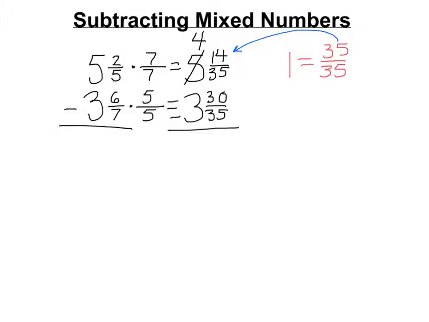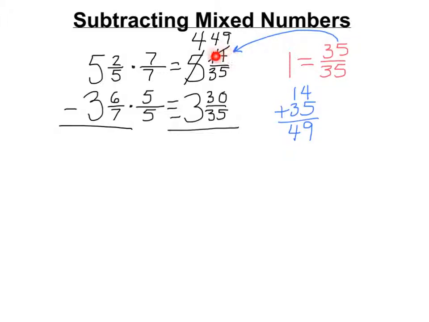So when I do that, I'm going to slash out the 14 there, and 14 plus this extra 35, well, 4, 5 makes 9, 1 and 3 makes 4, so therefore it becomes 49 35ths.